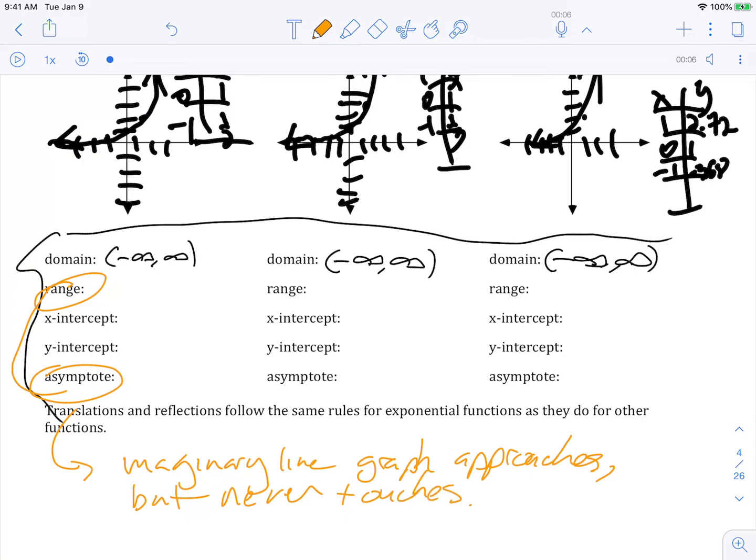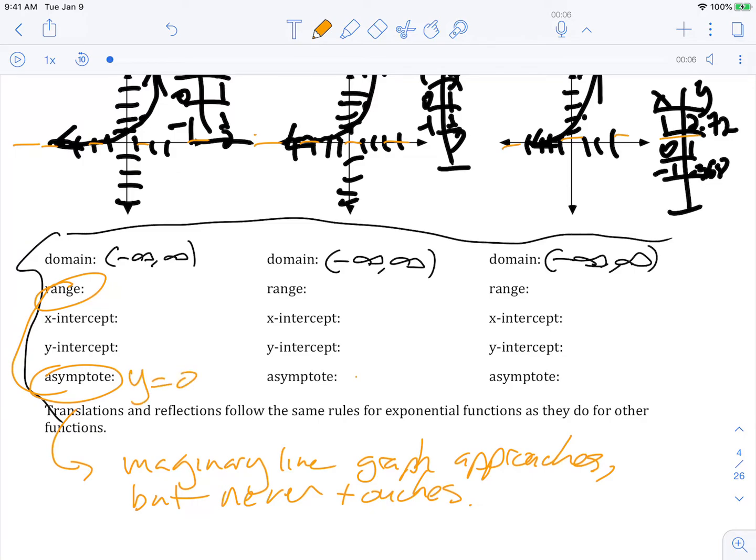And the reason why it's related to our range is because once we figure out what our asymptote is, then our range is going to be the values either above that or below that. And so happens for all three of these that the range is going to be the same because the asymptote for all three of these is this line right here, y equals 0.